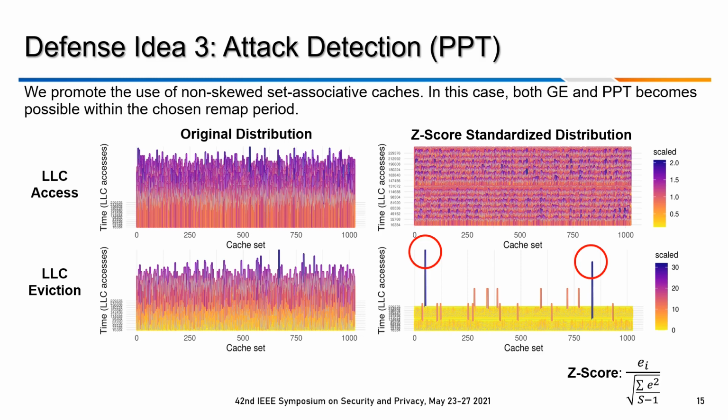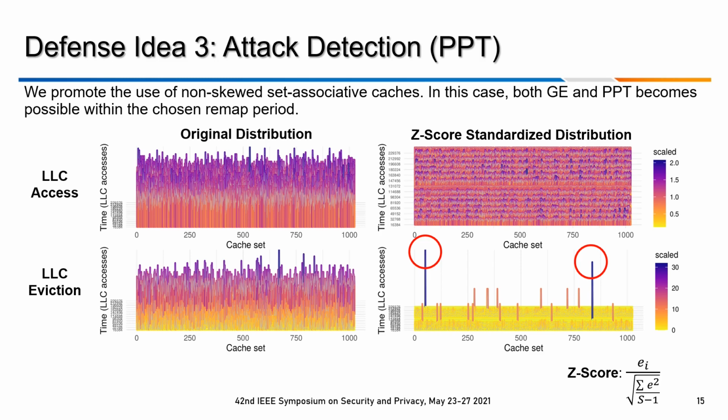We guess this is one of the reasons why skewed caches have not been widely utilized in today's processors, considering the claimed performance benefit. However, for randomized set-associative cache, periodical remap stops only the CTLs. Both GE and PPT become viable again.